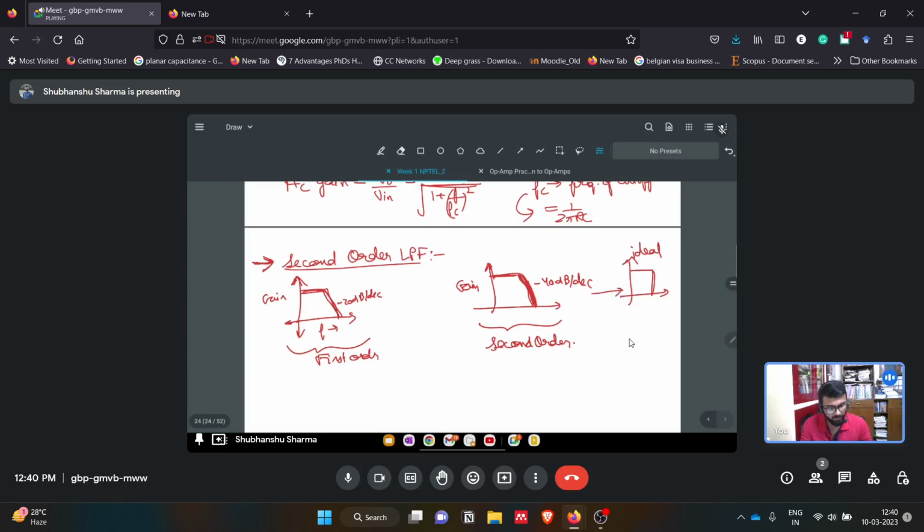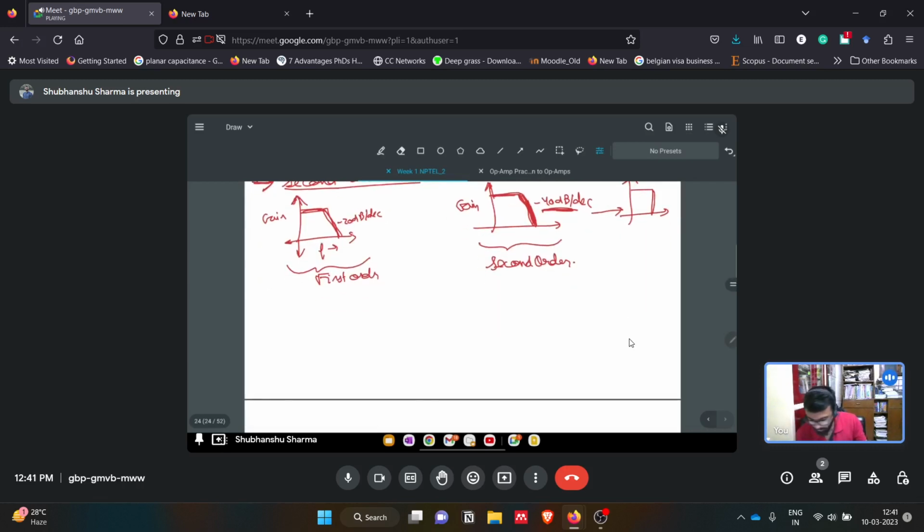But with everything there is a trade-off, so we cannot keep on increasing the order of the low pass filter, as more components will be involved and the complexity of the circuit will also increase. So we have to limit ourselves to a balanced trade-off between the roll off and the complexity of the circuit.